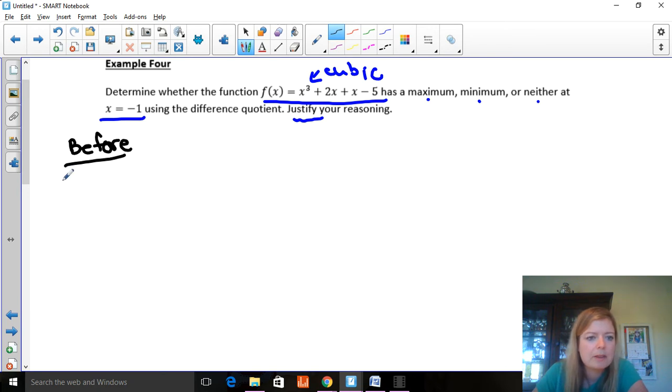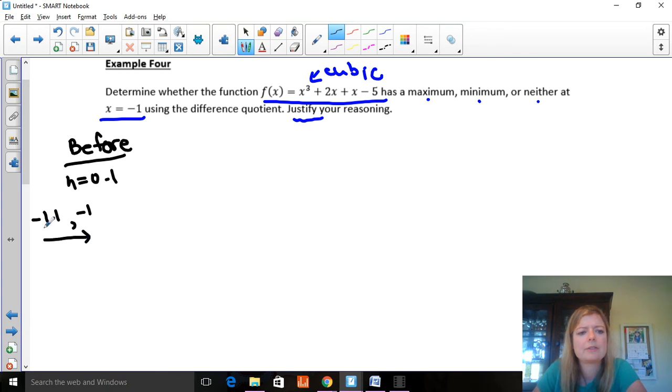We're going to use an h, by the way, of 0.1 is what I chose here. And our before is actually from -1.1 to -1. Okay, in that direction. Because if you're looking left to right, -1.1 comes before -1. So -1 is a larger number than -1.1.